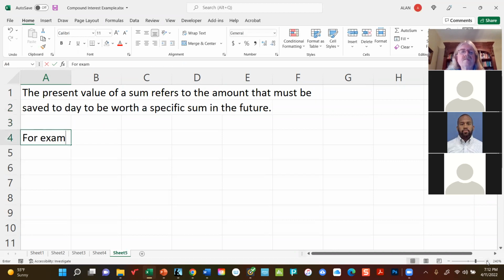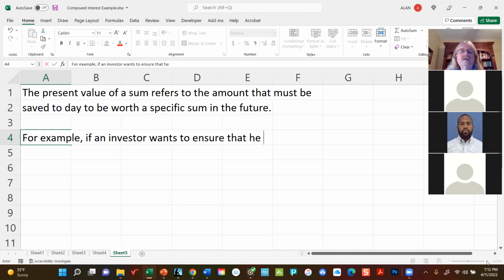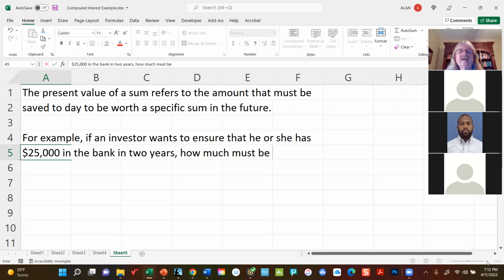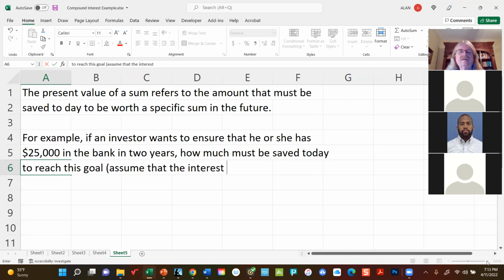For example, if an investor wants to ensure that he or she has, I don't know, $25,000 in the bank in 2 years, how much must be saved today to reach this goal? Okay. Assuming that the interest rate is 5%, let's say compounded annually, just to keep it simple.